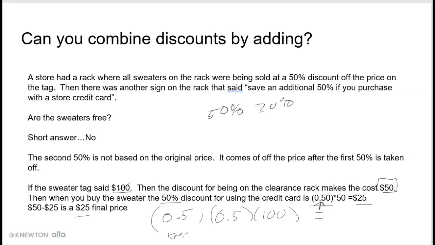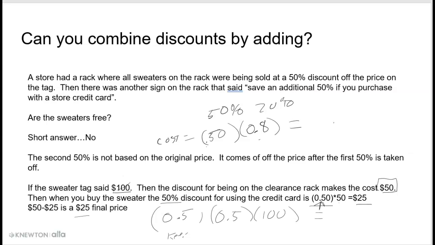Or you could have done, okay, I'm going to keep 50%. The cost of the sweater is 50%, and I'm keeping 80% here. So I would have gotten a cost of $40 there. Okay? Not 30, which is what it would have been if you added the percentages. So the point is you do one at a time.